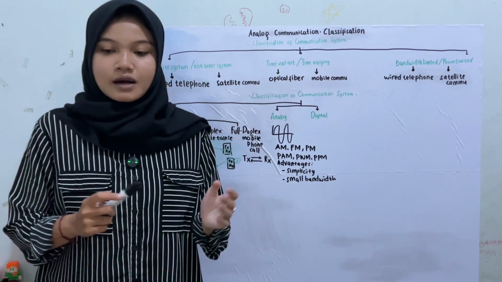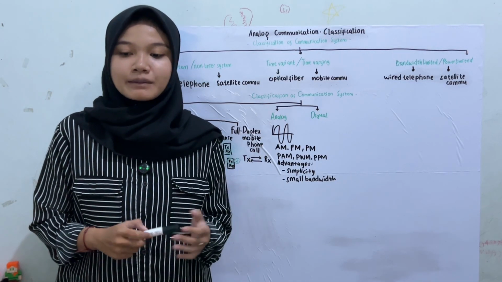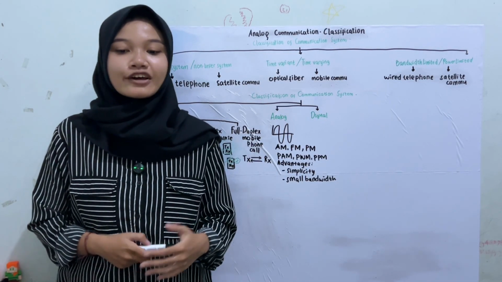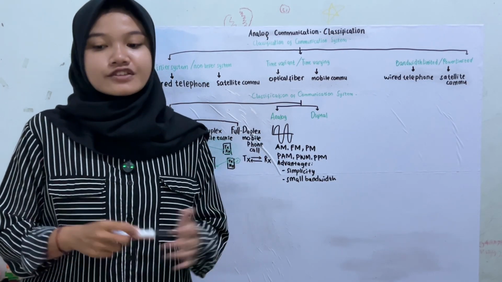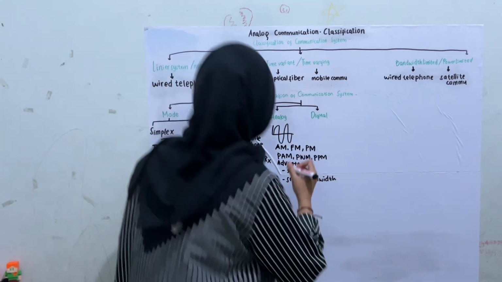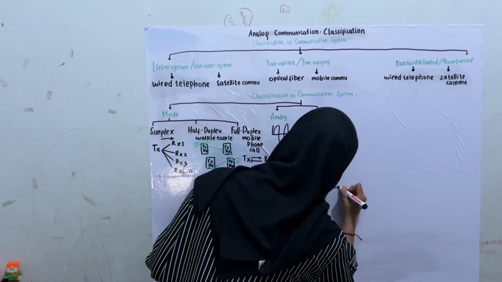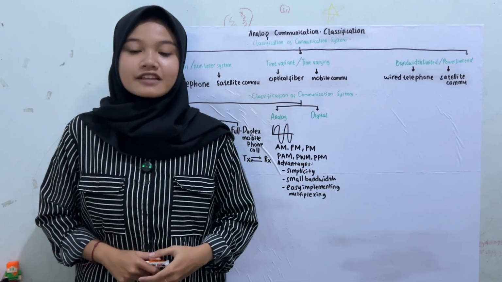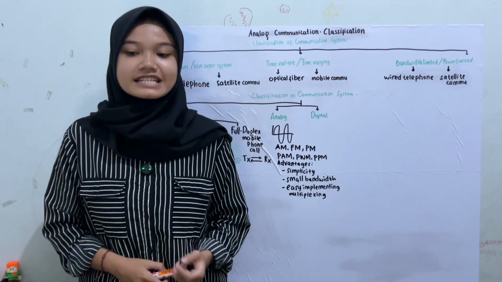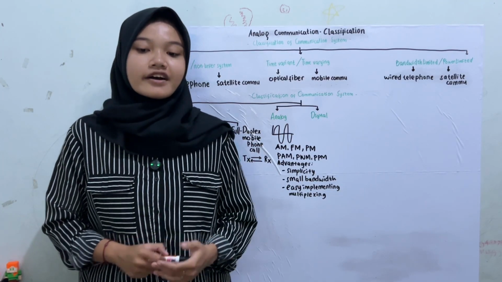In addition, multiplexing techniques can be implemented quite easily in analog communication by assigning different carrier frequencies to different signals. For many years, this advantage made analog communication the dominant technology around the world.